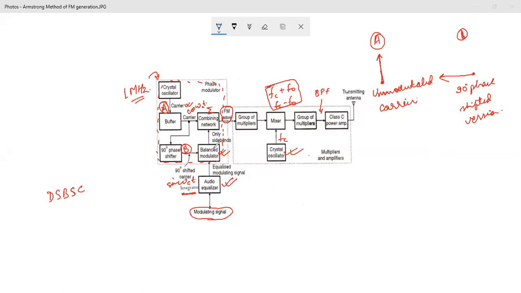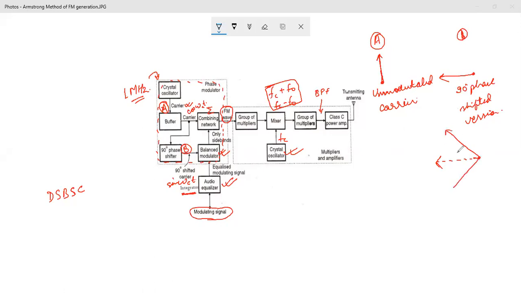Now what we are doing, we are passing these signals through a balanced modulator. यहाँ बैलेंस मॉड्यूलेटर से सिग्नल जो पास कर रहे हैं वो क्या पास कर रहे हैं, एक कैरियर पास कर रहे हैं और एक मॉड्यूलेटिंग सिग्नल. Then we will have a balanced modulator, that is we will have a suppressed carrier signal. So if we had this carrier part, with this carrier we are generating two sidebands, with some phase difference.